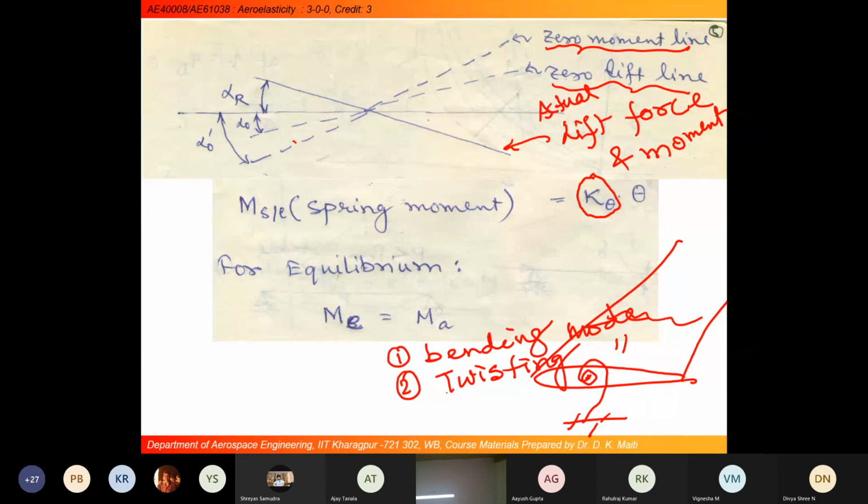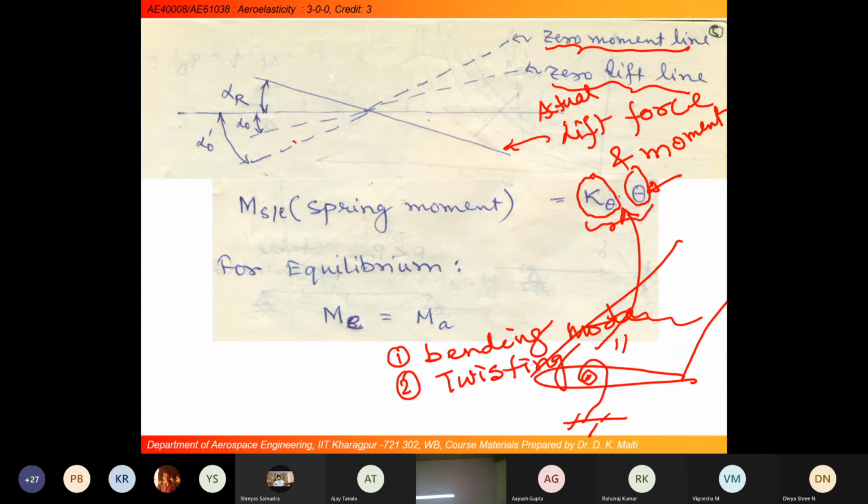That's why I have considered the spring stiffness k theta, the equivalent torsional spring stiffness, multiplied by theta. This force comes into the picture only when there is elastic deformation. As long as only a rigid angle of attack is there, this force does not come into the picture. When there is elastic deformation, the elastic restoring force acting is k theta into theta.